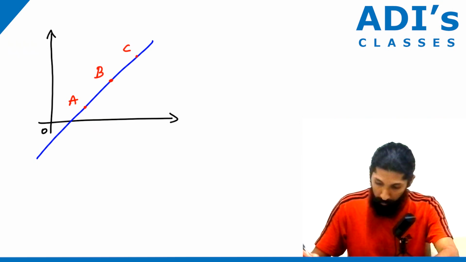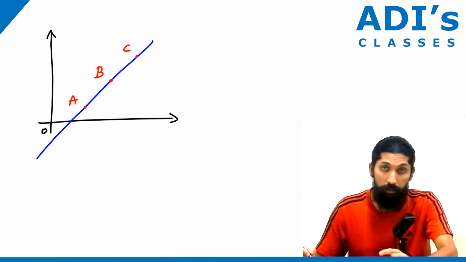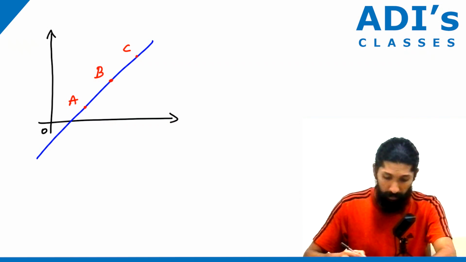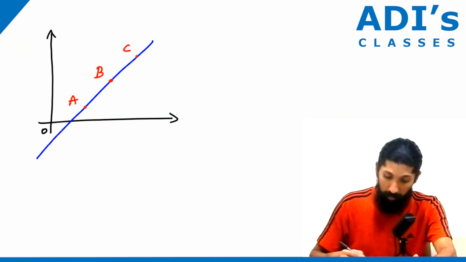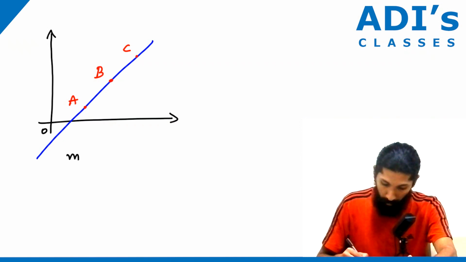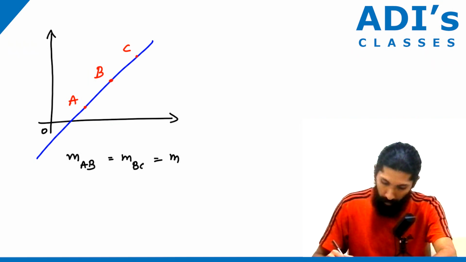Now to prove that these 3 points are collinear, it's very easy. The slope between AB and the slope between BC should be equal to the slope between AC, isn't it? That means M of AB is equal to M of BC is equal to M of AC.